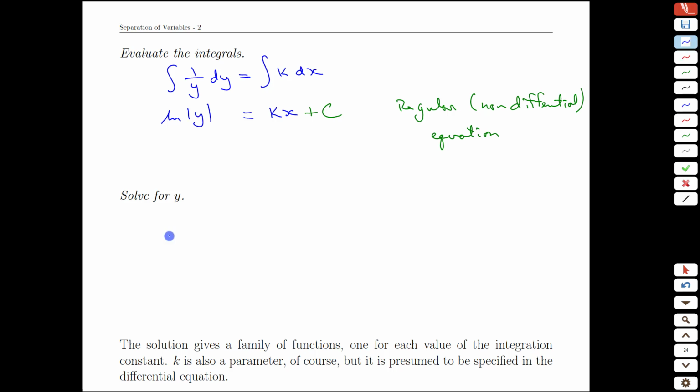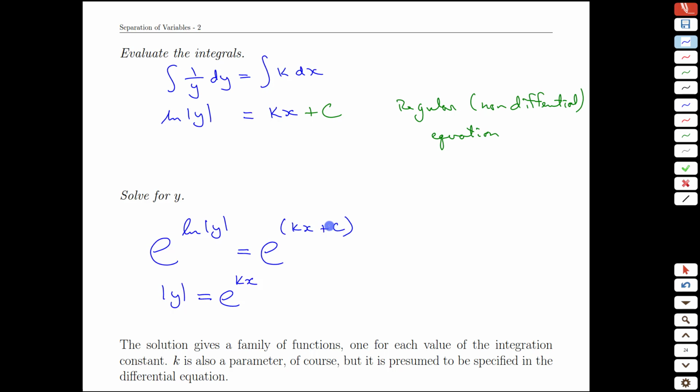To do that, we're going to need to take the ln of y and stick an e underneath that. If we're going to do that, we have to stick an e underneath the entire right-hand side as well. The purpose of doing that is that e and ln are inverses, and we get the absolute value of y equals e to the kx plus C, and I'll just tidy that a bit.